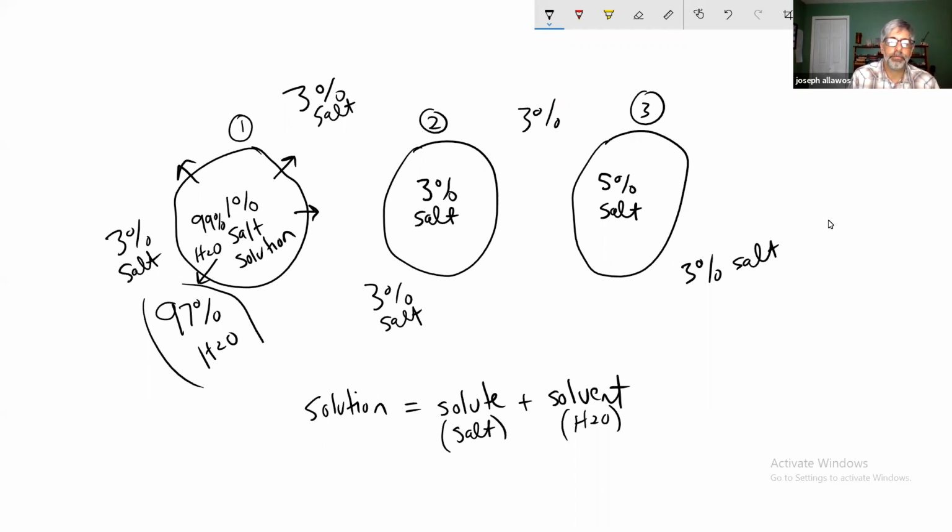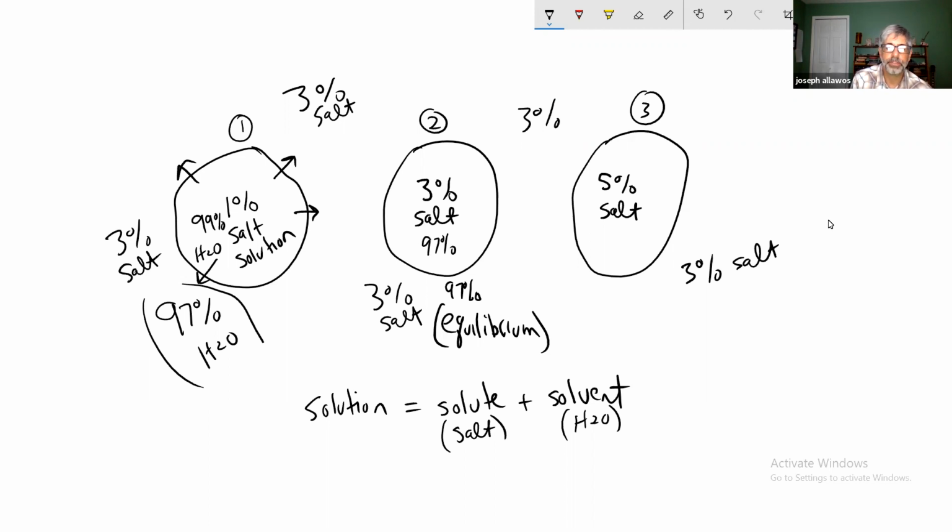What about this one? We have 3% outside, 3% inside, so we got 97 and 97. This is equilibrium, right? This cell is at equilibrium. The salt's not going in or out. It's going to stay right where it is. And then what about this last one?